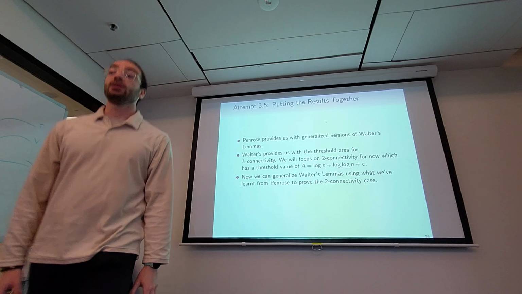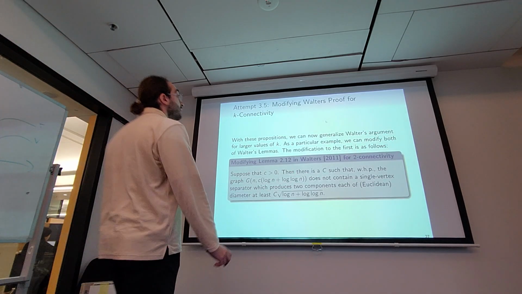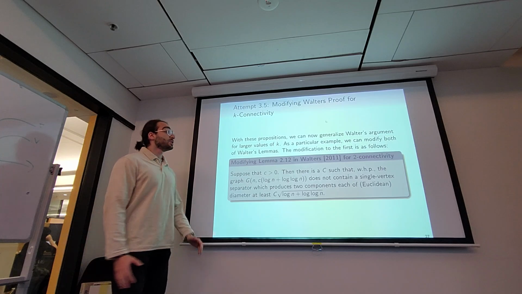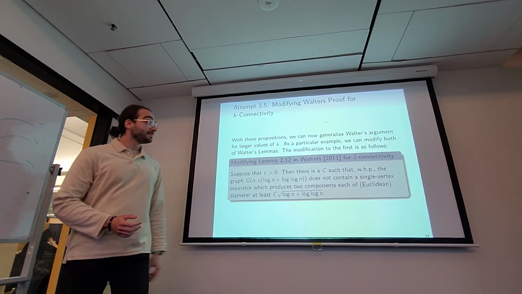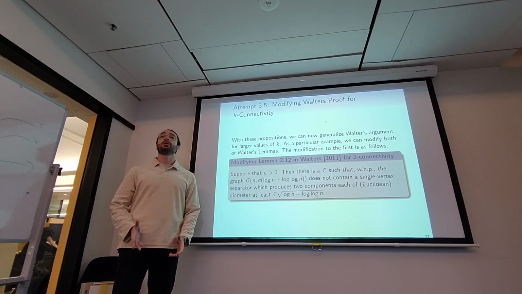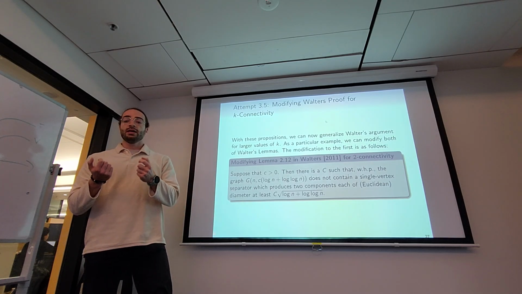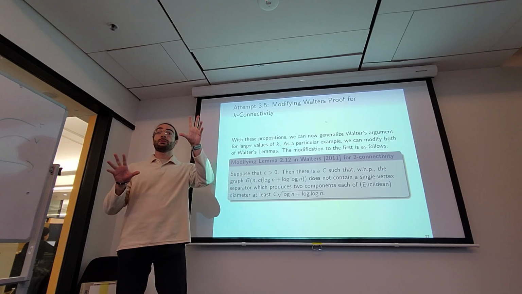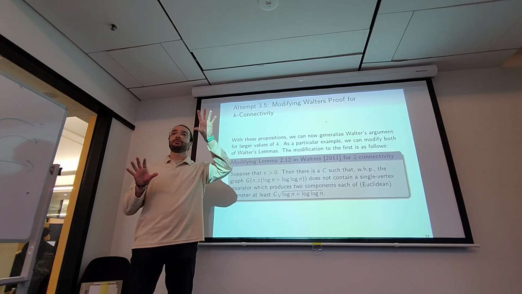We generalized Walters' lemmas and proved the two connectivity case. And so on this slide, what we're doing is we're modifying those lemmas for the two connectivity case. I'm going to explain the intuition behind these rather than going through the math over here. But the intuition is that initially we spoke about those two large components, which must be empty in their boundaries.